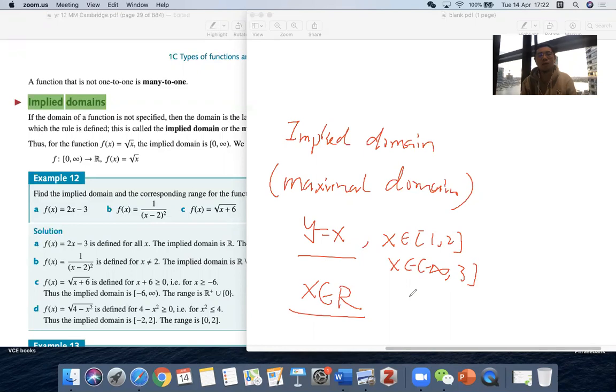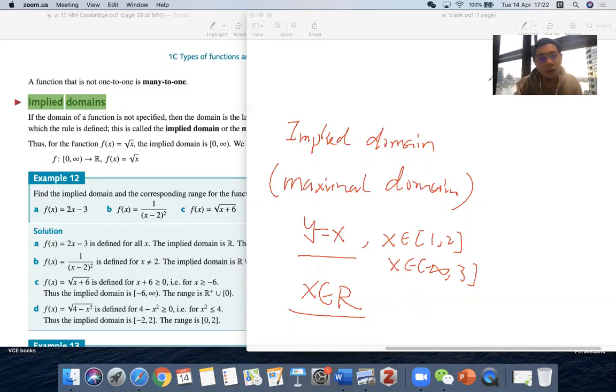For our final year exam, or for the SAC, or even for your practice, normally for every single question, they only ask you about the implied domain, okay? The implied domain, in other words, means the domain, or the x values, that can be taken to make our relation still valid, so it's still defined.